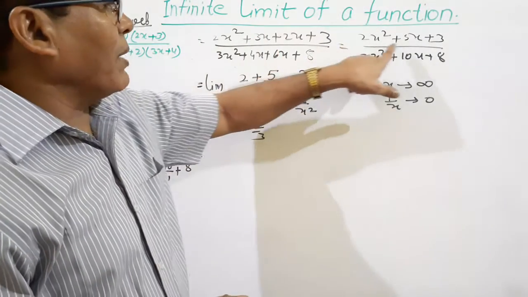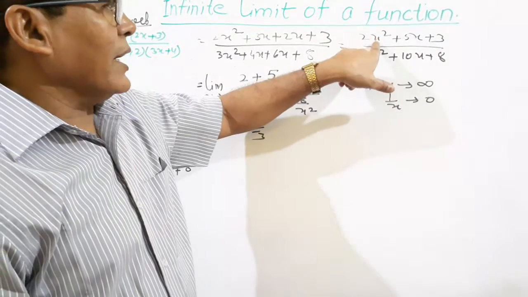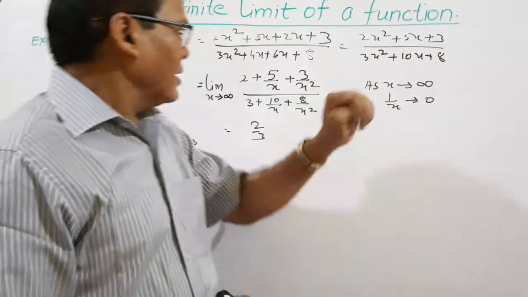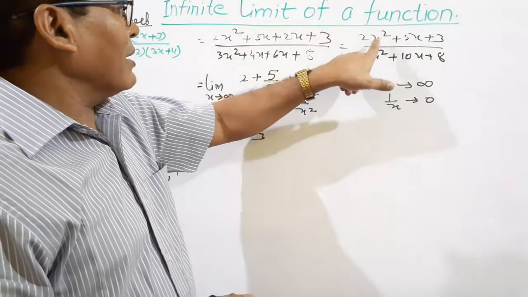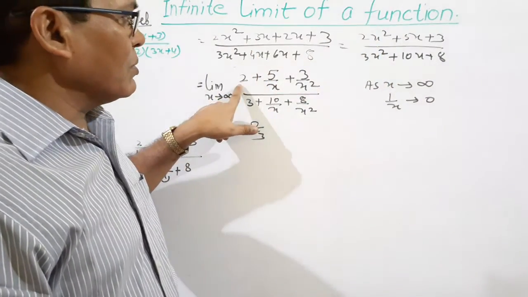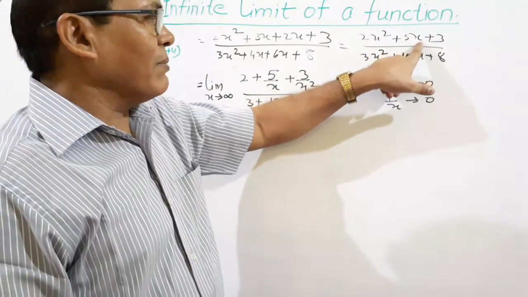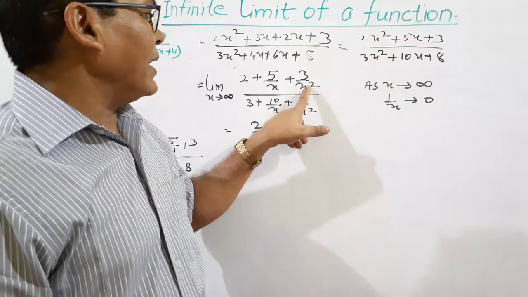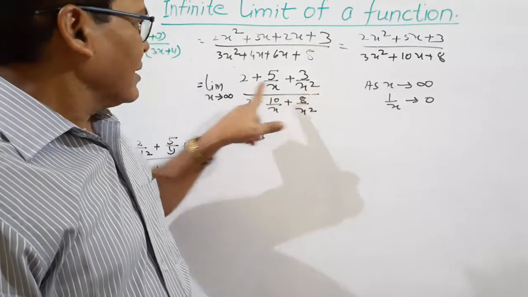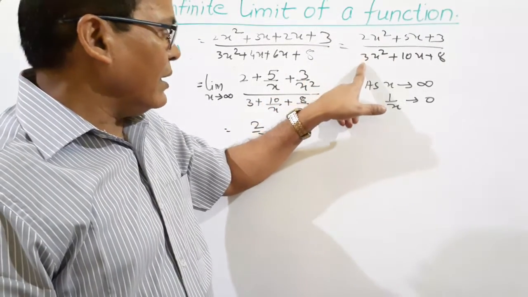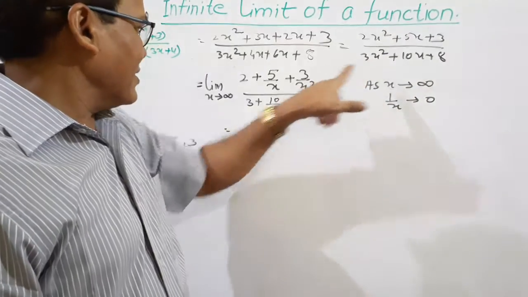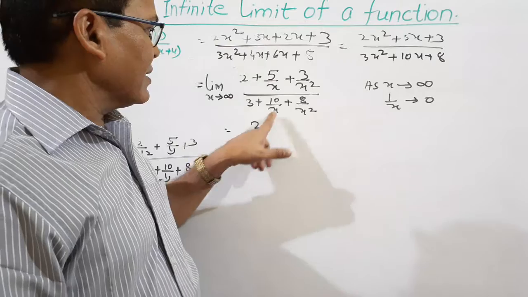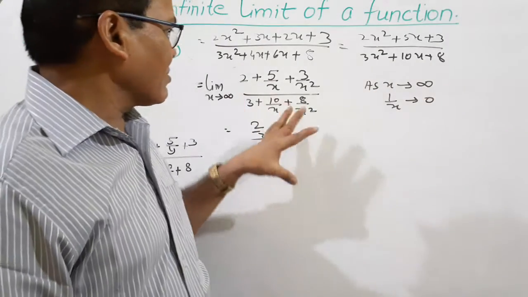Here the higher power in both is x square, so each term should be divided by x square. 2x square divided by x square, we will get 2. 5x divided by x square, you will get 5 by x. 3 divided by x square, similarly. Denominator: 3x square divided by x square, only 3. 10x divided by x square, you will get 10 by x, plus 8 divided by x square.